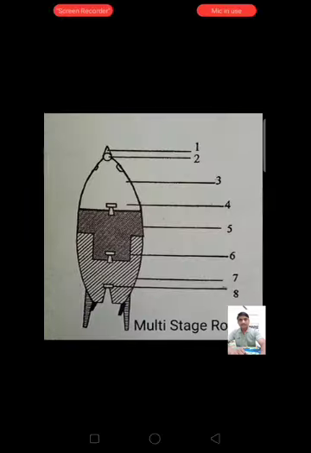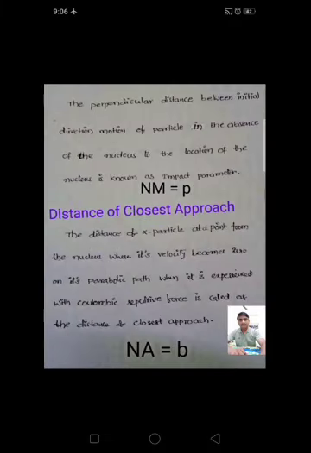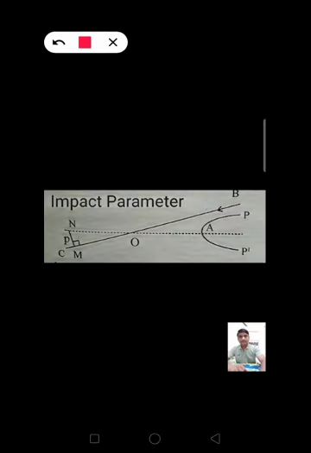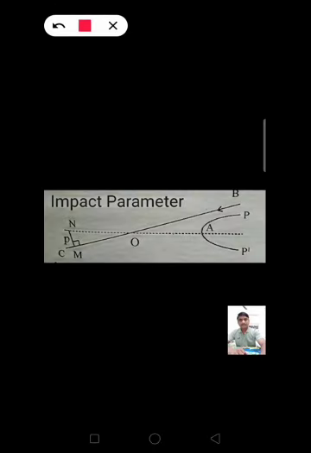For the impact parameter, let N be the nucleus of an atom of a gold foil, and PA dash be the path followed by the alpha particle on approaching the nucleus.